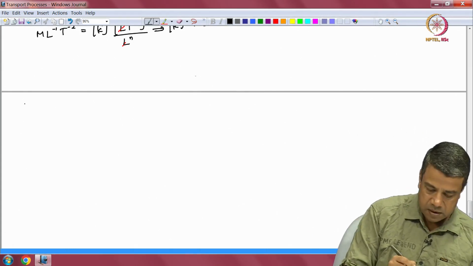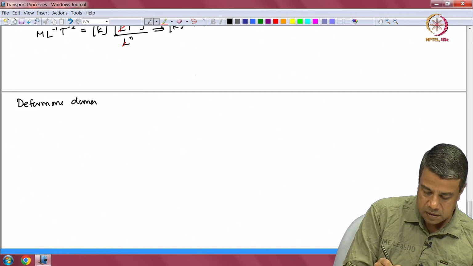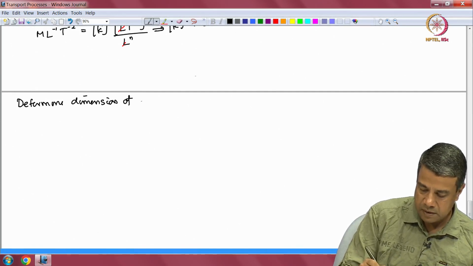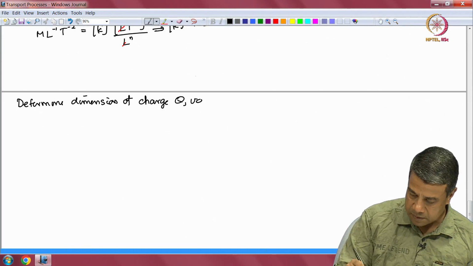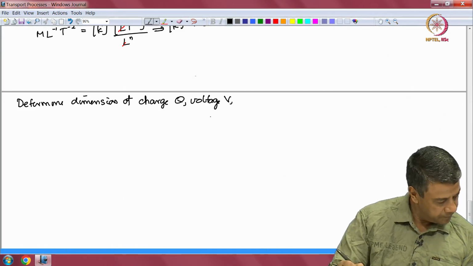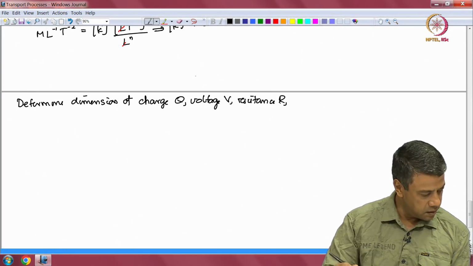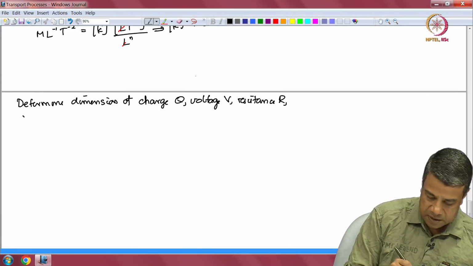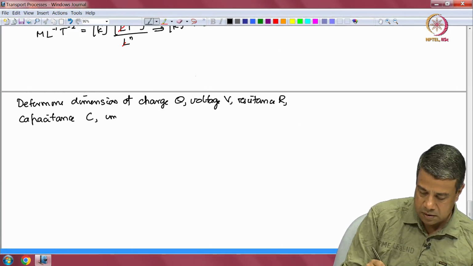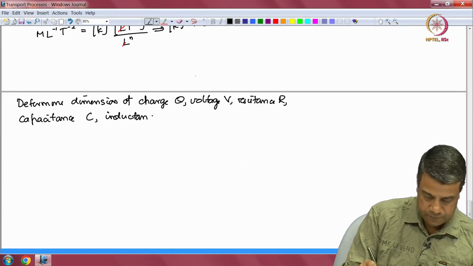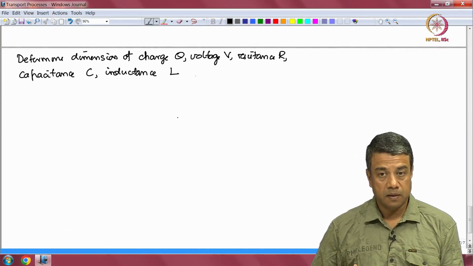So, the problem here is to determine the dimension of charge Q, voltage V, resistance R, capacitance C, and inductance L. That is what I would like to determine from known quantities.